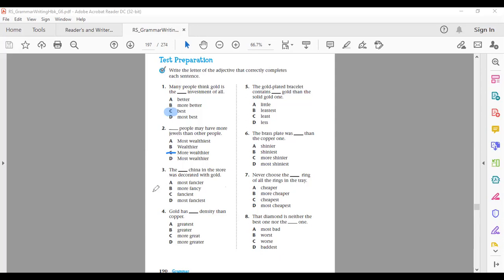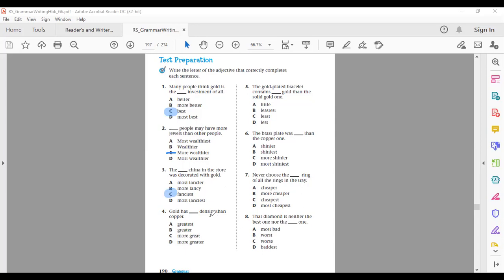Yeah, your voice stopped for 2 minutes and it let me out, but I returned. The china in the store was decorated with gold. The most fancier. Miss, can you do it? Fanciest. Excellent.